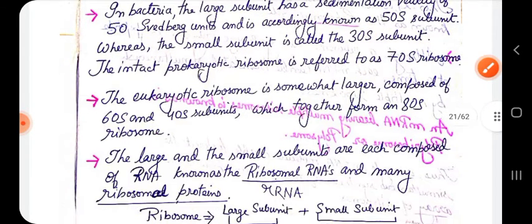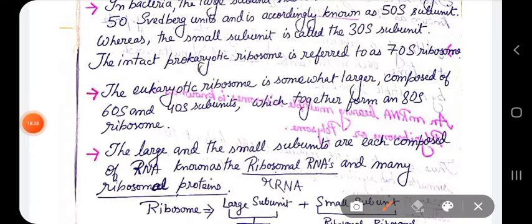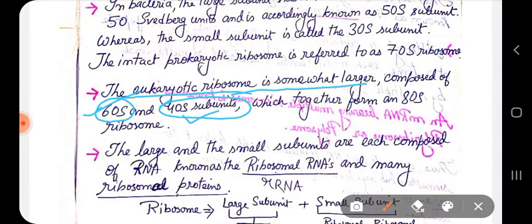Eukaryotic ribosomes are larger, and their sedimentation velocity is quite large. They have 60S and 40S ribosomal subunits. The 60S ribosomal subunit is called the large, and the 40S is called the small ribosomal subunit. Together, they form the 80S ribosome.